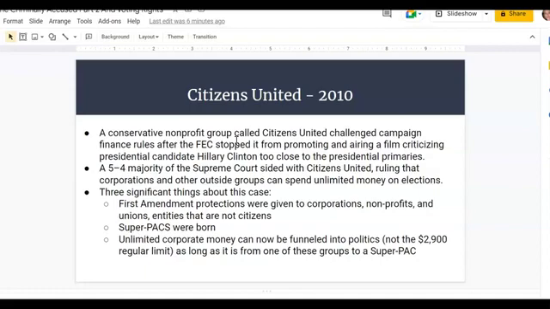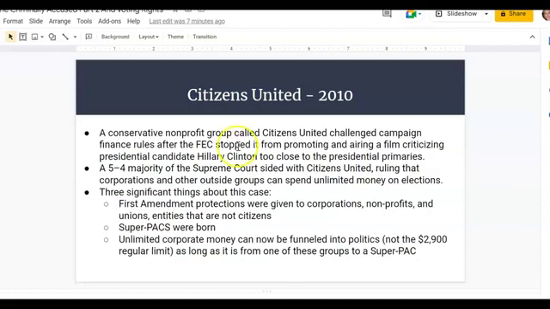It was pretty much like a movie documentary type of thing that really was kicking Hillary Clinton in the shins, so to speak. And because of these campaign finance rules and these rules about having attack ads so close to an election, the Federal Election Commission, the FEC, who's in charge of these rules I was just talking about, stopped Citizens United from promoting and airing the film.